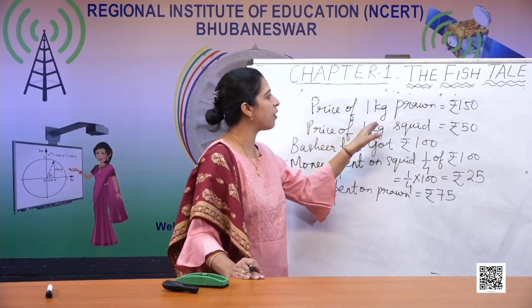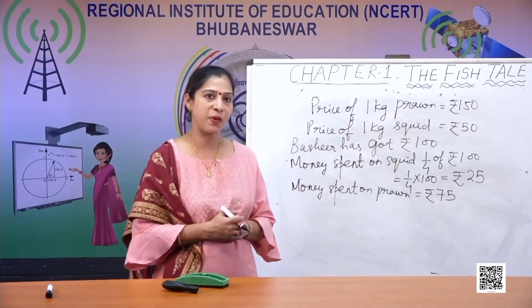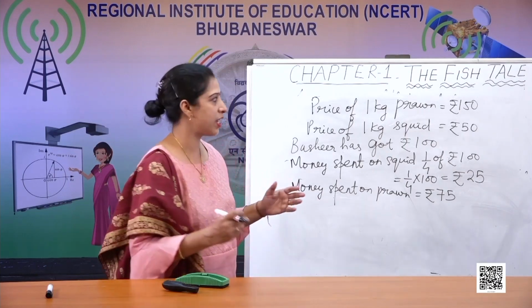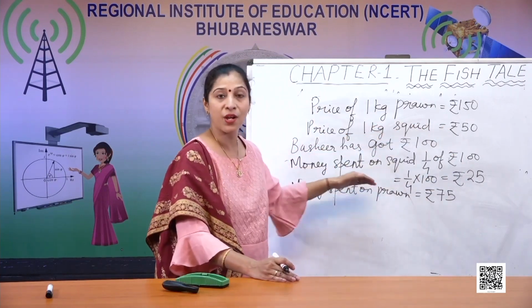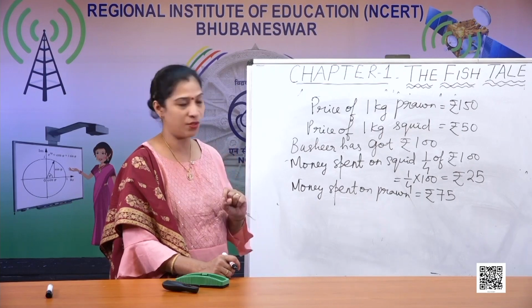The price of 1 kg squid is 50 rupees. So if he spends 25 rupees, how much squid will he get? Very easy. Half of 50 is 25. So 1 kg is half. What will that be? It is 500 grams or half a kilogram.